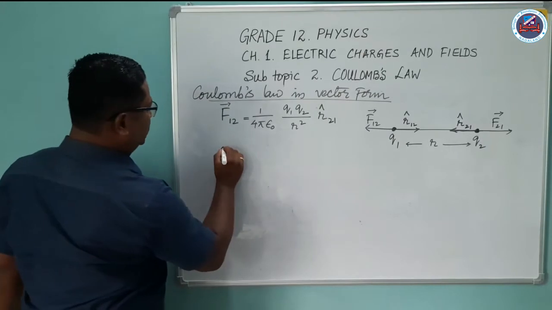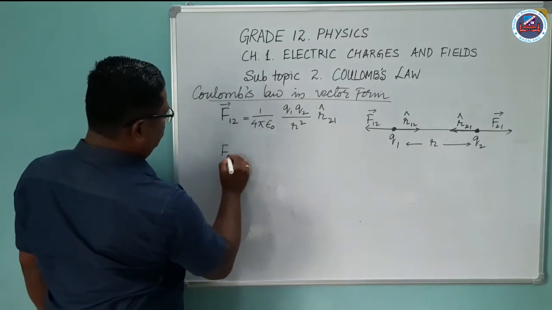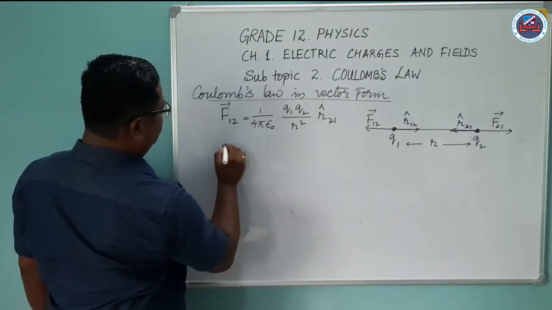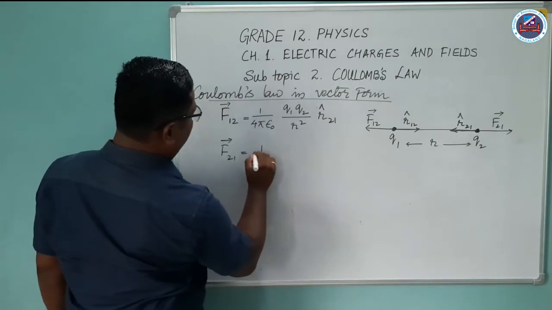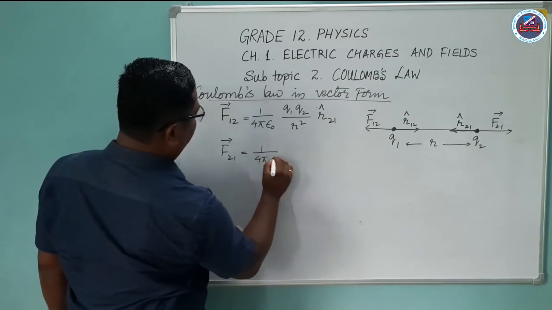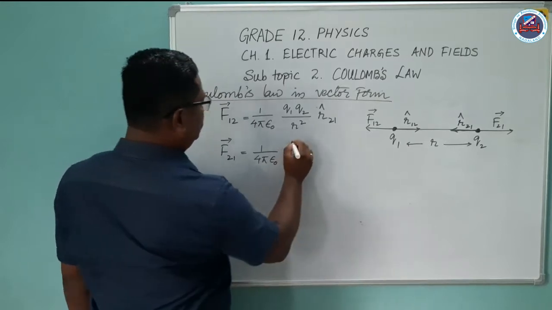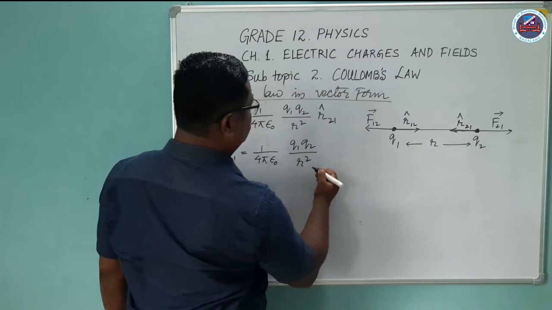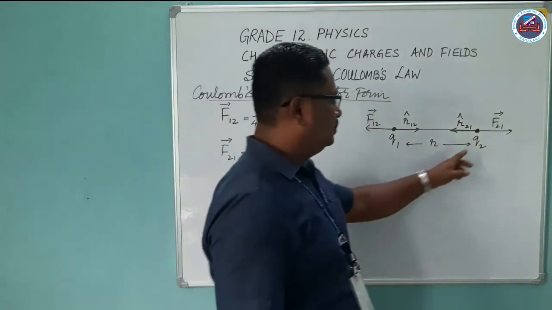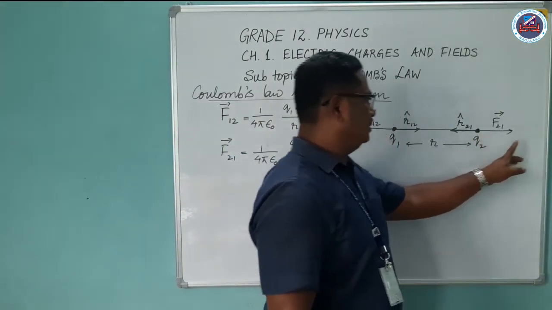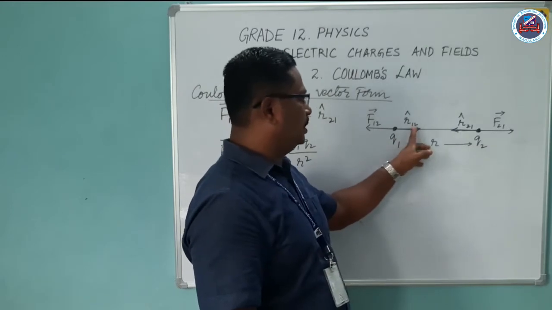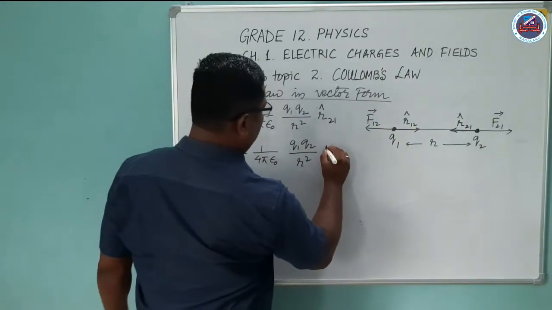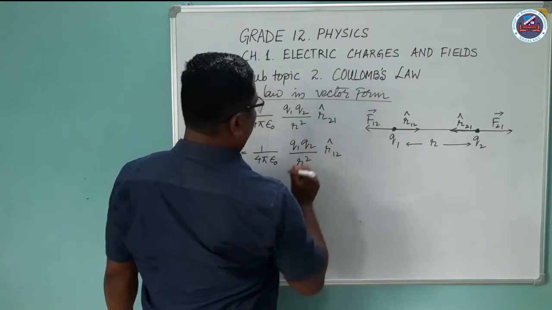And force experienced by the second body due to the first body, F21, we can write as 1 by 4 pi epsilon naught Q1 Q2 divided by R square. This time the force F21 is acting on the right side, so the unit vector on the right side is R12. Like this I represent.